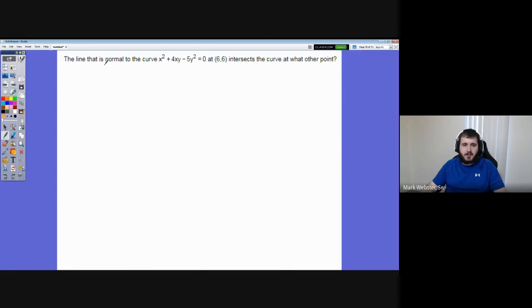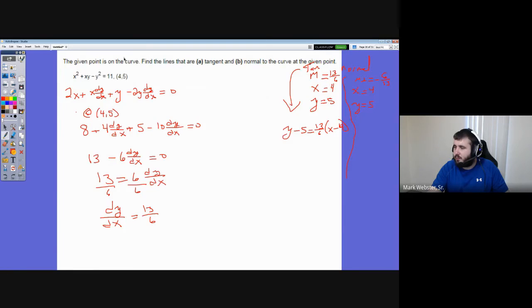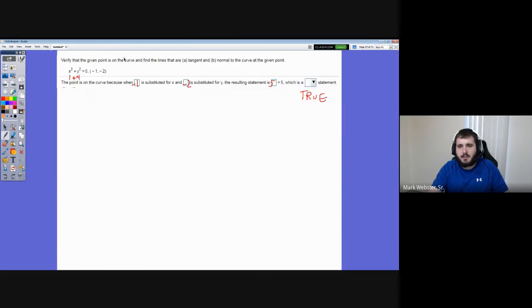So again, this is talking about a line that's normal to the curve, intersects the curve at what other point? So basically, here's what you're going to do. You're going to find that normal line just like we did back here. Find what it is. y minus y1 equals m times x minus x1.